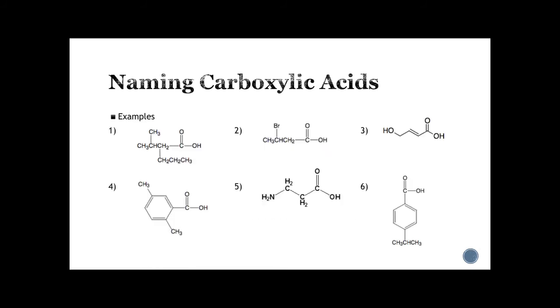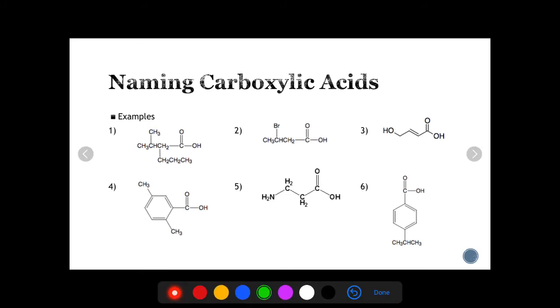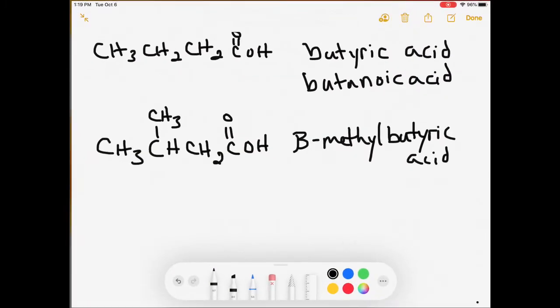Okay, let's go through these examples here. I'm going to start by numbering our carbon chain. Again, we're going to start numbering at the carbon in the carbonyl group. So 1, 2, 3, 4, 5. We want the longest carbon chain, so that's going to be pentane.